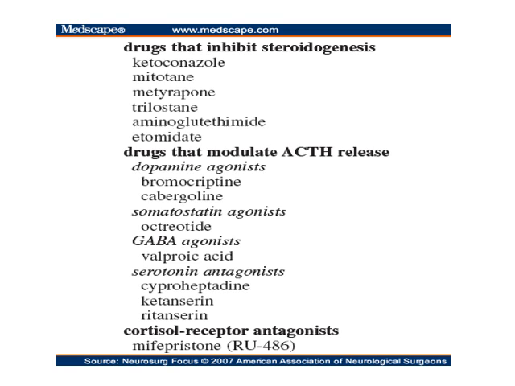Medical treatment is used either to inhibit adrenal steroidogenesis, or to modulate ACTH release, or to antagonize cortisol at the level of the receptors. So these are the three main groups of medication that we may use in cases of Cushing syndrome.